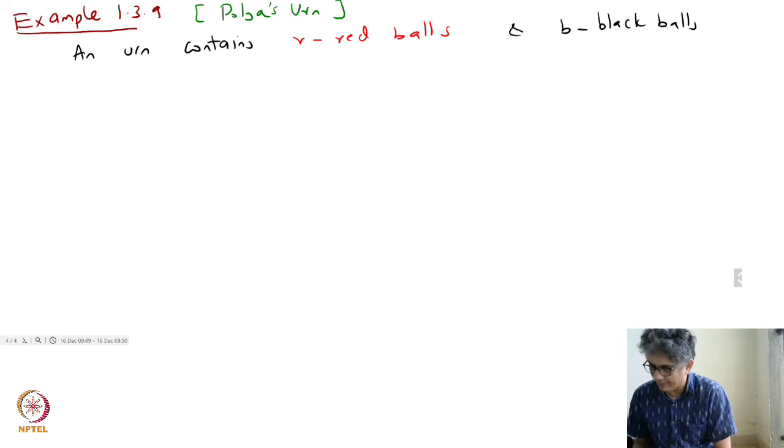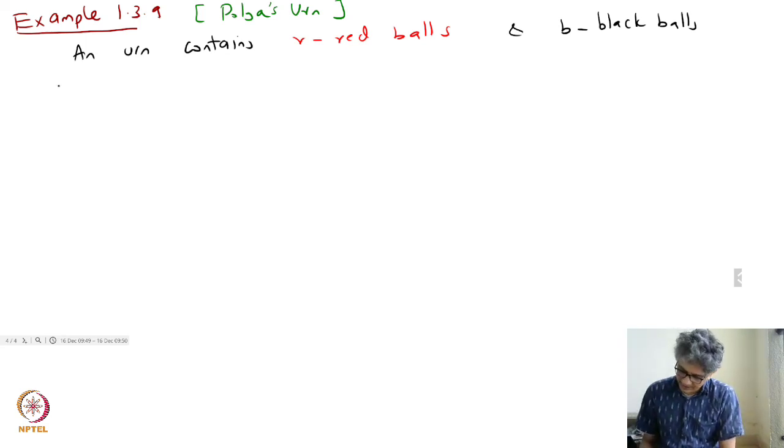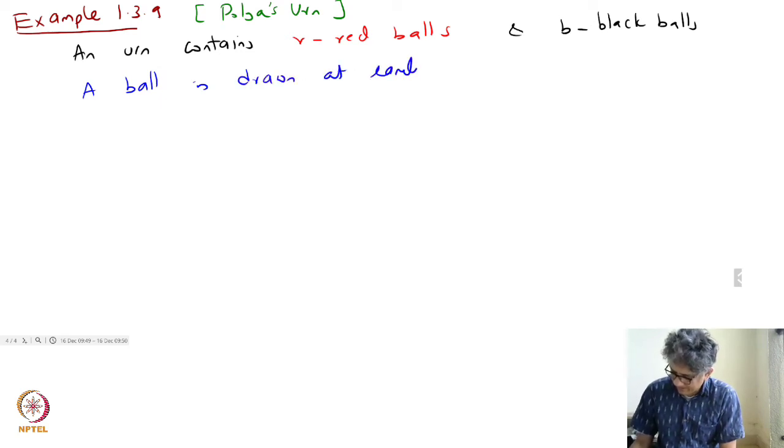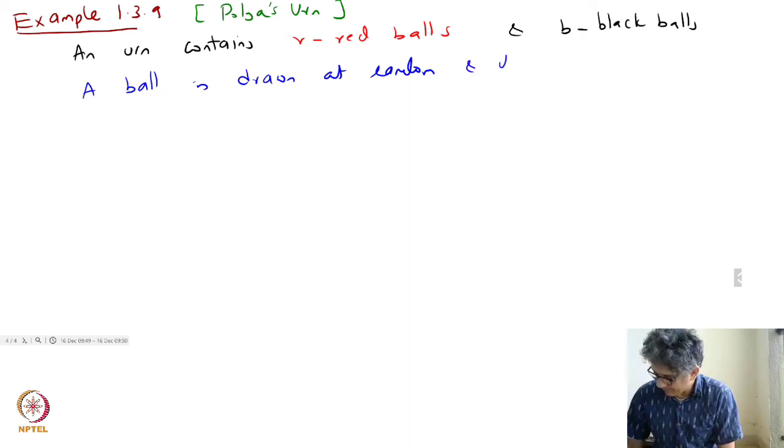Now the experiment is the following: a ball is drawn at random. So it's crucial, a ball is drawn at random, and its color is noted.